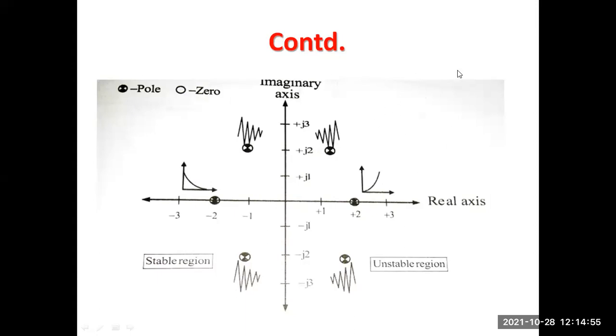Whereas if they are lying on the left half of the S plane, the system response will gradually reduce. So on this side the response is increasing, and on this side the response is gradually decreasing. Similar behavior we can observe in the lower half also. This is the nature of the system.